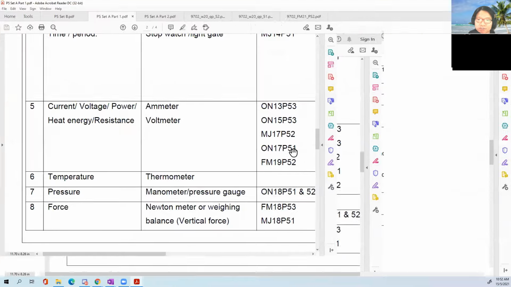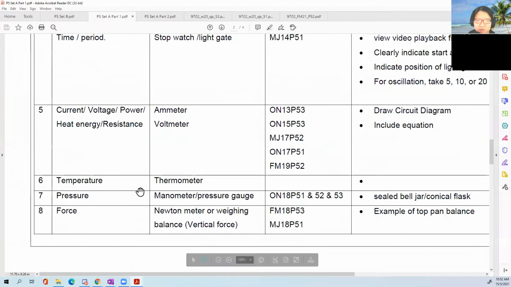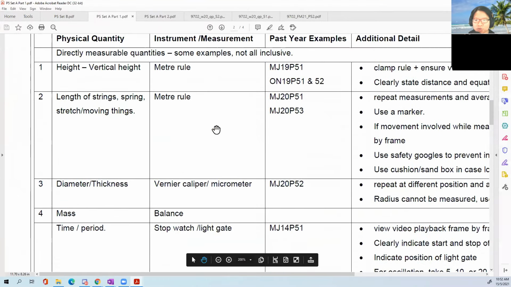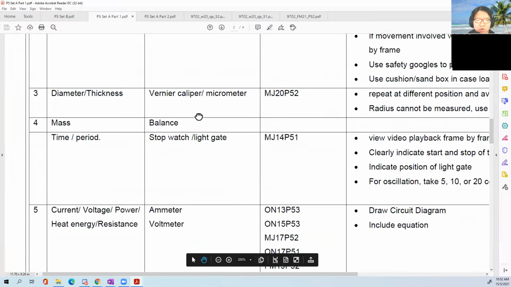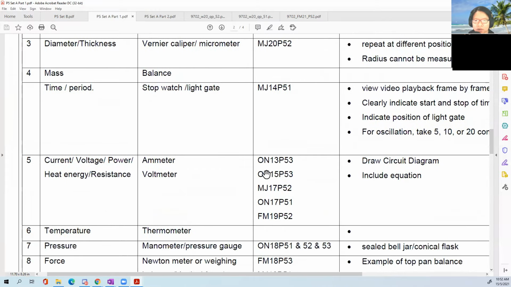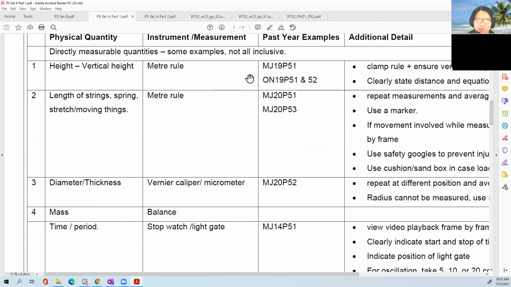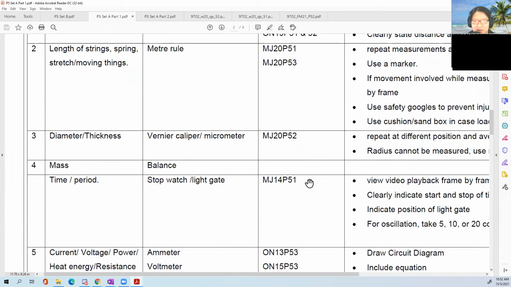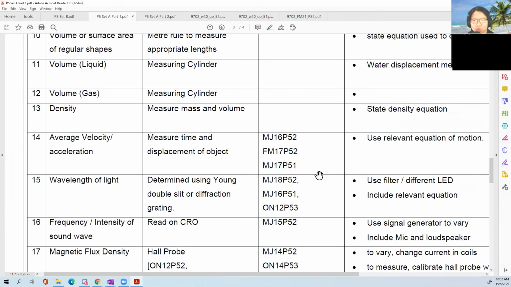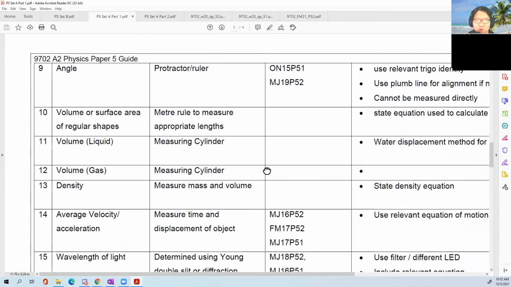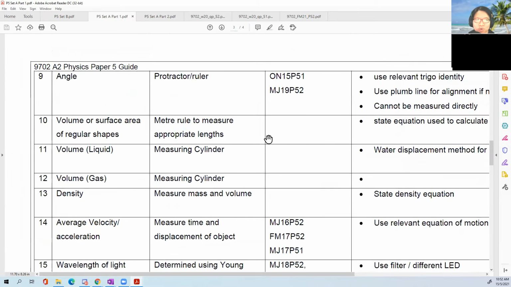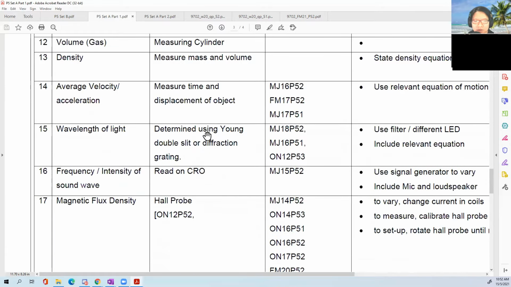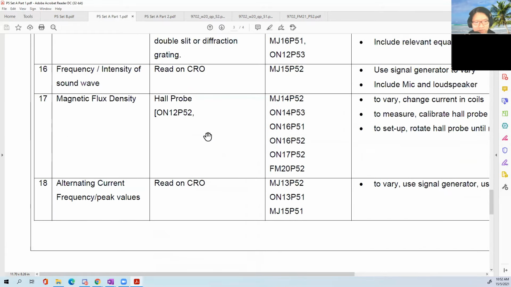So if you look at all of this, we have so many different experiments that you need to think about. Normally, what I would suggest is that you go through the past years and then just think about how you would write it. And if let's say you don't know how to draw the diagram, then discuss with your teacher or come and talk to me.